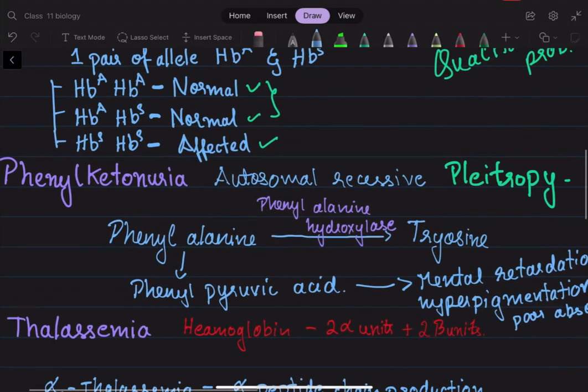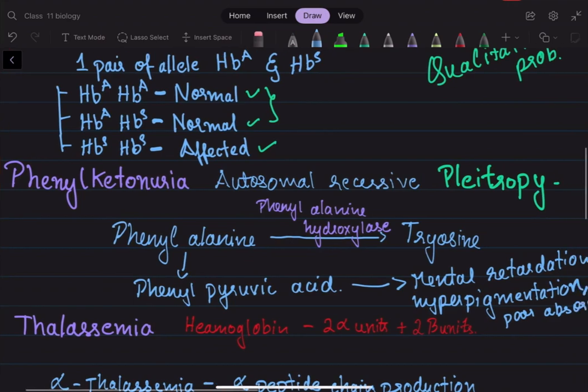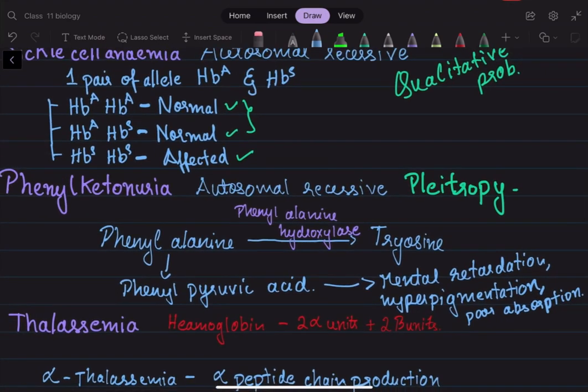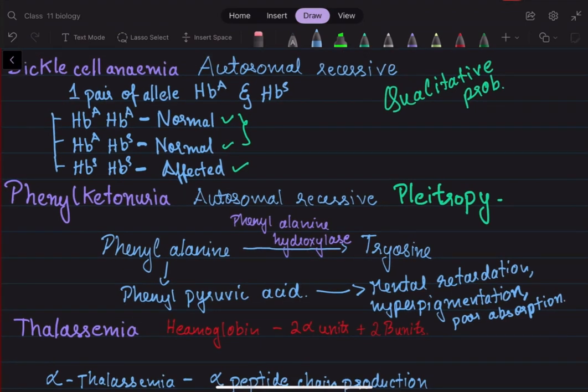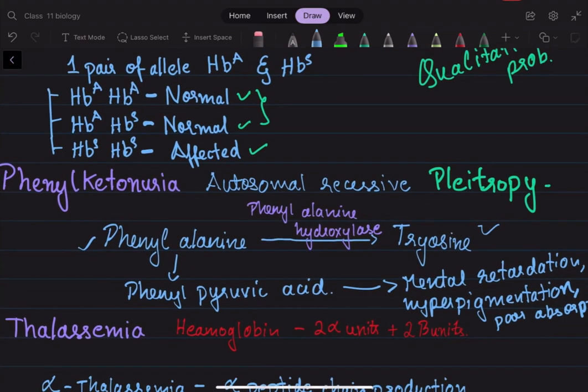Now, moving on to the next condition, phenylketonuria. We saw this as an example of pleiotropy, and this is also an autosomal recessive disorder. In this condition, the enzyme phenylalanine hydroxylase, which is responsible for the conversion of phenylalanine to tyrosine, is absent because of the defective gene. Because of this, the phenylalanine is not converted to tyrosine and it gets accumulated, and this accumulation leads to the formation of phenylpyruvic acid.